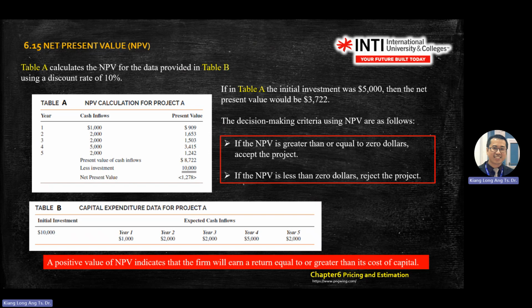You write the two statements there. Then you say project A NPV value is this one, project B NPV value is this one. Accept both projects. However, we would like to propose project B rather than A because the NPV of B is higher than A.